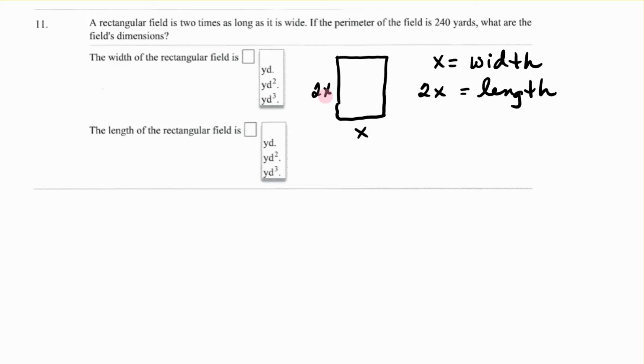It says the perimeter, P, is 240 yards. I'm supposed to figure out the width and the length. Well, let's just set up our statement about perimeter. If I add all the sides, it adds up to be the perimeter.